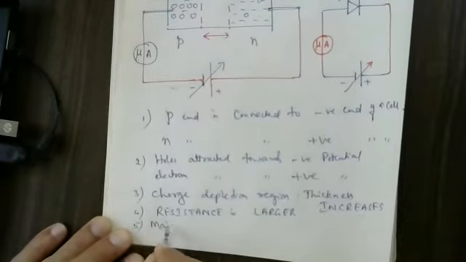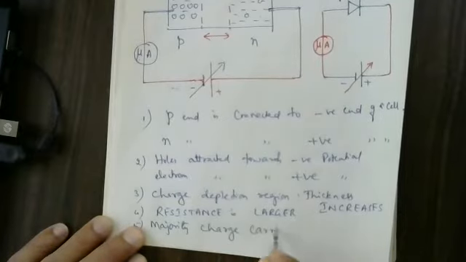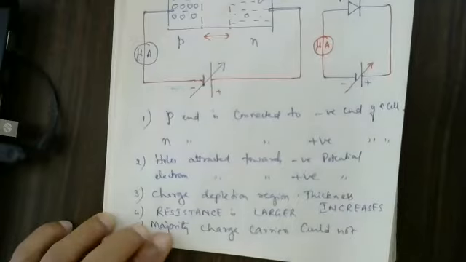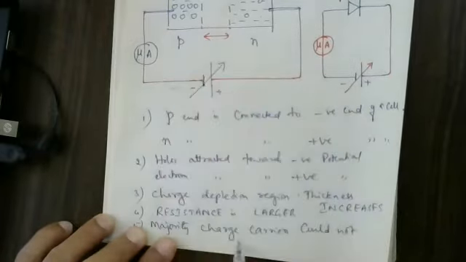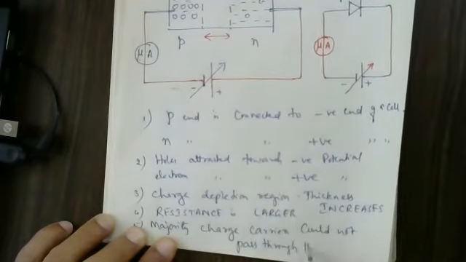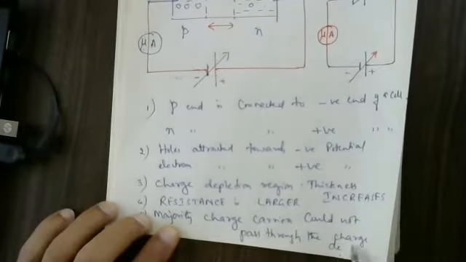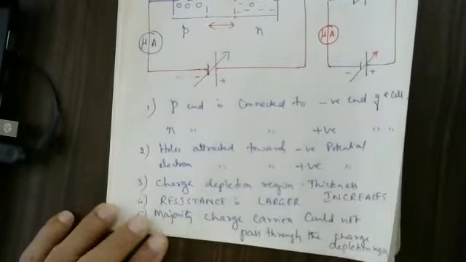So I can say majority charge carriers could not pass through the charge depletion region.